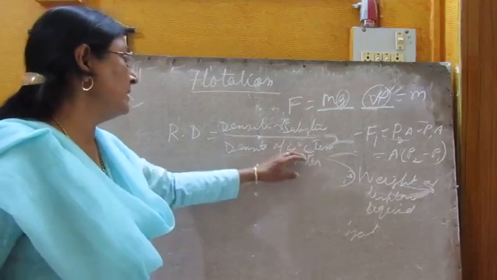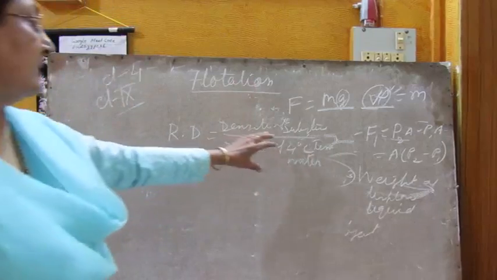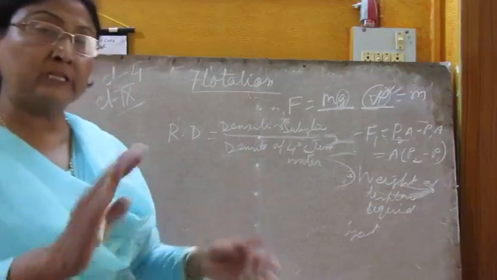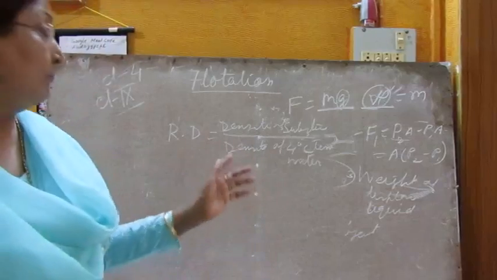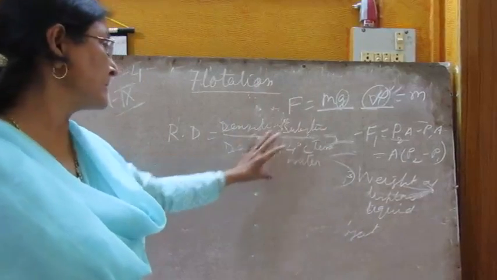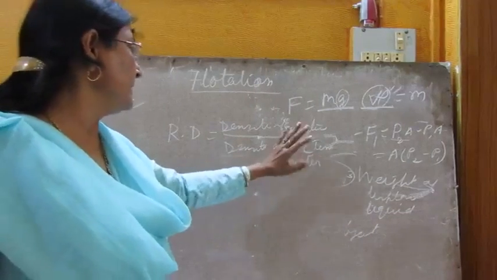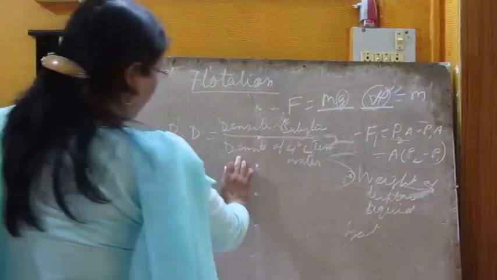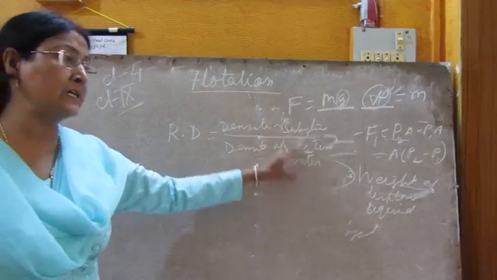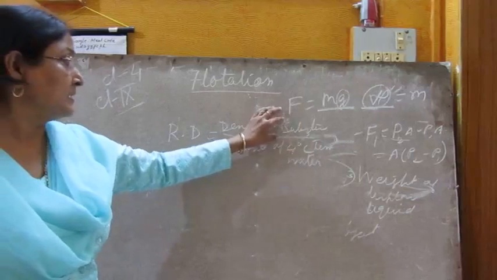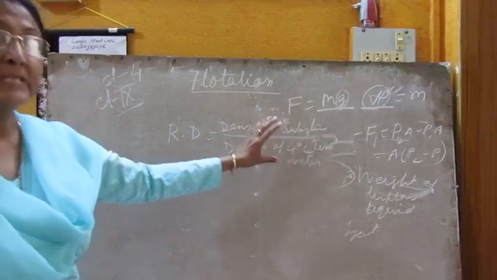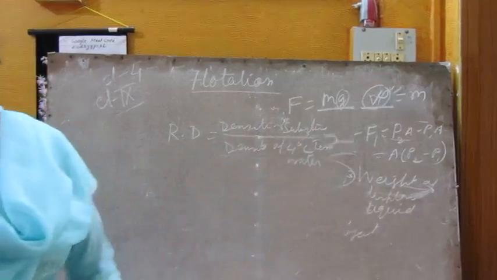Why 4 degree centigrade? I already explained in online classes. Because at 4 degree centigrade, the density of water is maximum, and below or above this temperature it may vary. That's why we take the density of water at 4 degree centigrade. Why is it called relative density? Because it is a ratio of two densities, density of substance and density of water. That's why the relative density doesn't have any unit.